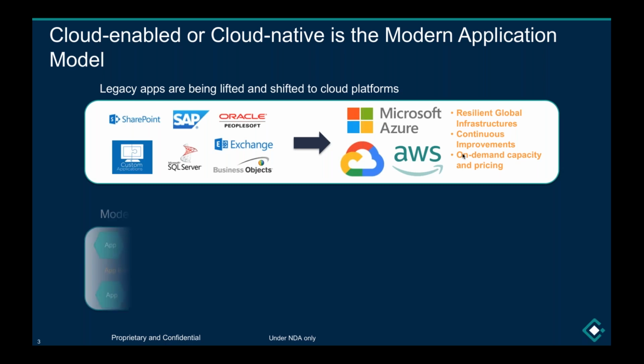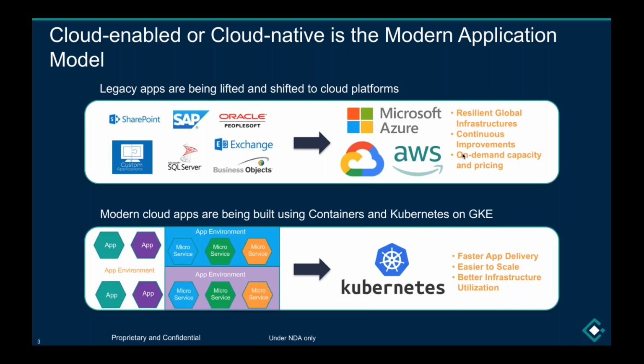And on the other hand, cloud native applications are created using modern infrastructure services like Kubernetes and containers and so on. So those come with tremendous benefits as well. On the legacy side, you get to enjoy the resilient global infrastructure of these hypercloud platforms. And they offer continuous improvements.